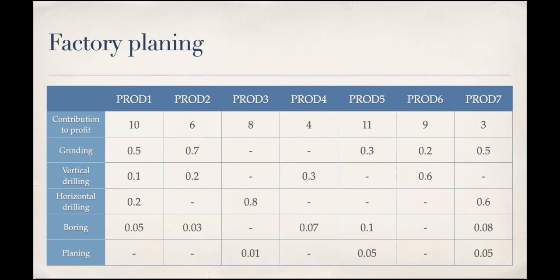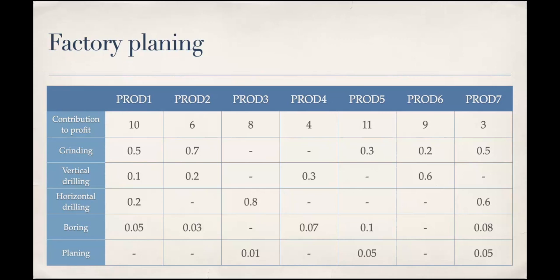The next row is grinding, in units of hours. For example, to produce 1 unit of product one, it needs 0.5 hour of grinding machine, 0.1 hour of vertical drilling, 0.2 hour of horizontal drilling, and 0.05 hour of borer. For planer, they don't need the planer for this product.